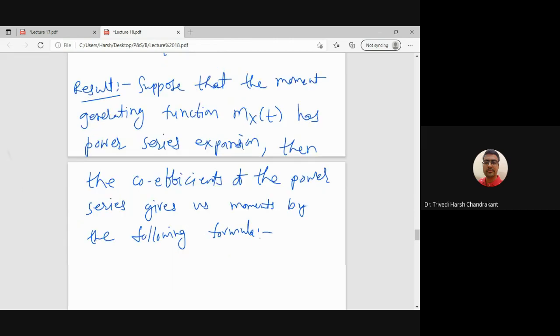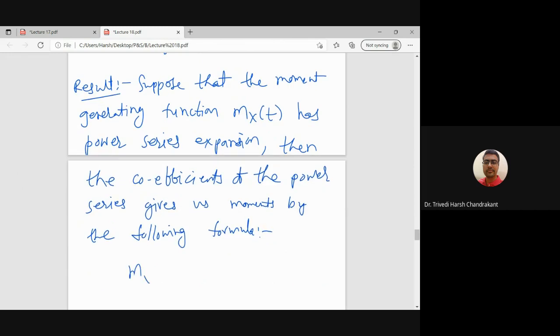This formula we are going to prove: the moment generating function equals the summation k equals 0 to infinity of t^k divided by k factorial times the kth moment.